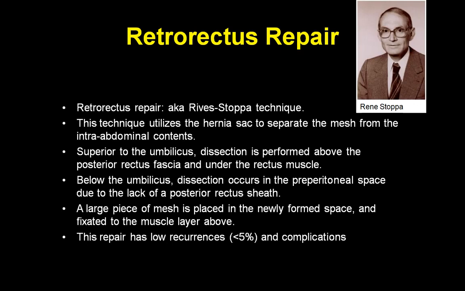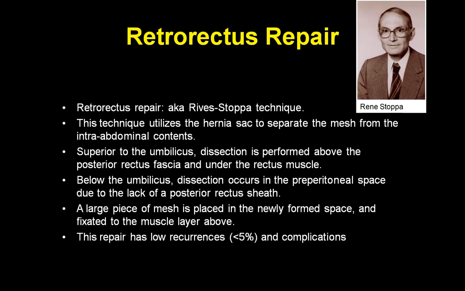This technique utilizes the hernial sac to separate the mesh from the intra-abdominal contents. Superiorly, the dissection is performed above the posterior rectus sheath. You lift the rectus muscle and dissect between the rectus muscle and the posterior rectus fascia above, and below you dissect the preperitoneal area, because that area is deficient of posterior rectus sheath.